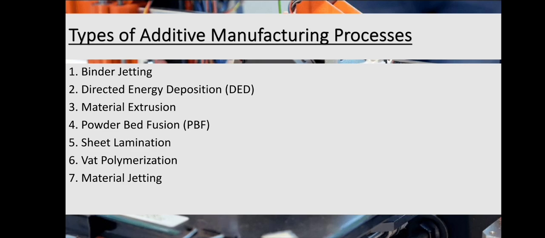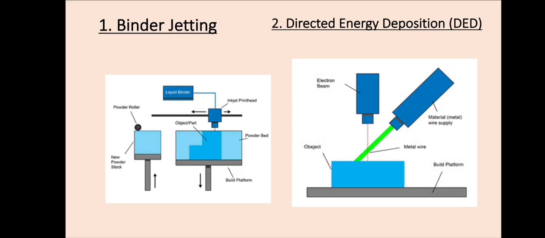So, types of additive manufacturing process. The type depends on how we are joining the layers, like if we are using a binder or if we are using any heating source. One more mechanism I want to talk about is the powder deposition mechanism. There is a powder stock whose platform goes up for deposition of every layer.